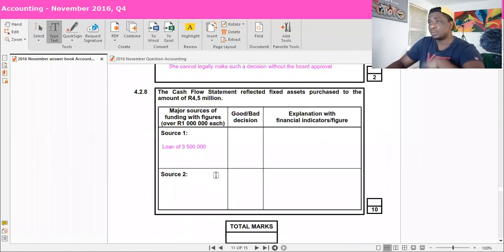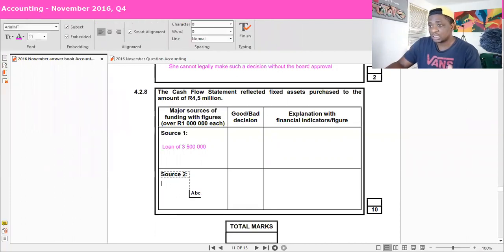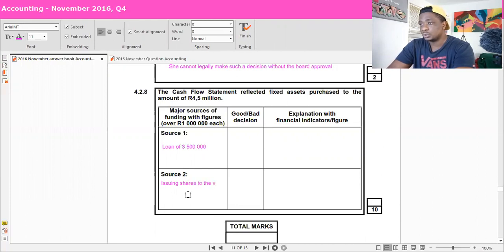So the loan of 3.5 million, and then the second source. There are two sources of funding that the business can have. The business can issue shares, or it can borrow money from a financial institution. So the other one is obviously the issue of shares, issuing shares to the value of 1,350,000.